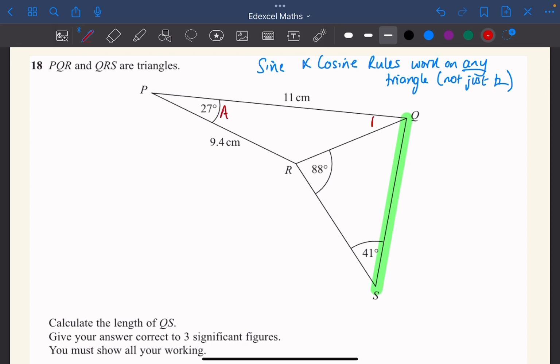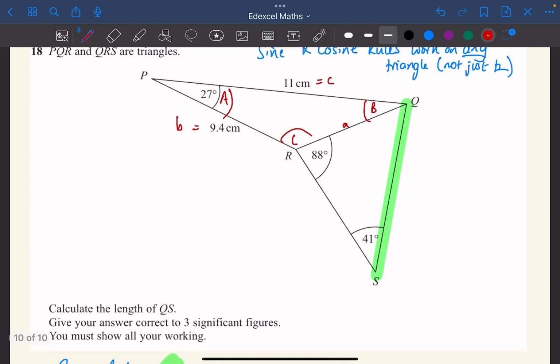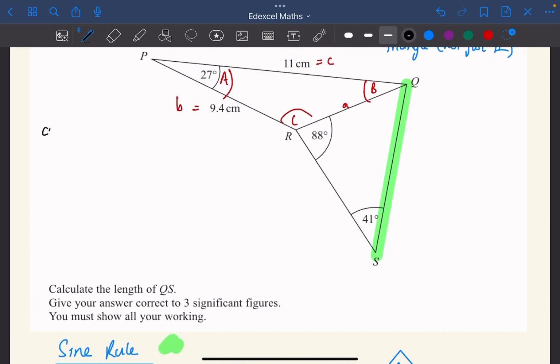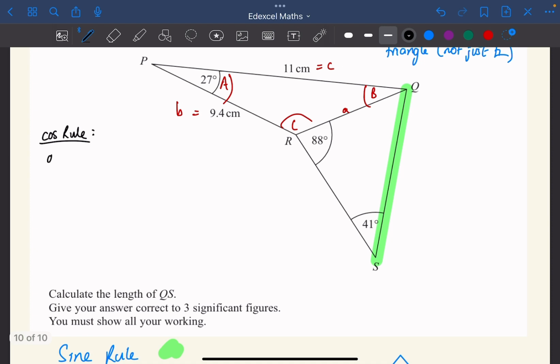Angle A, angle B, angle C. C to B, that side is equal to a. So here, when we do our calculation, we can use the cosine rule. So a squared, let me do this on a different page.